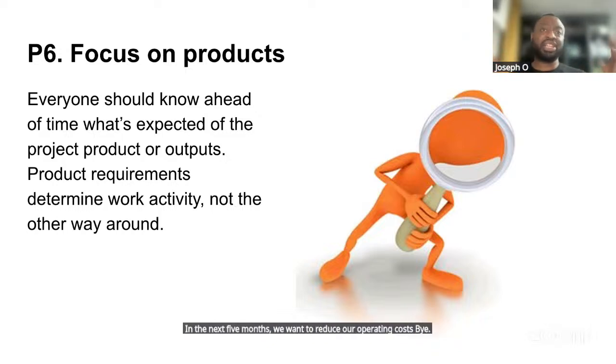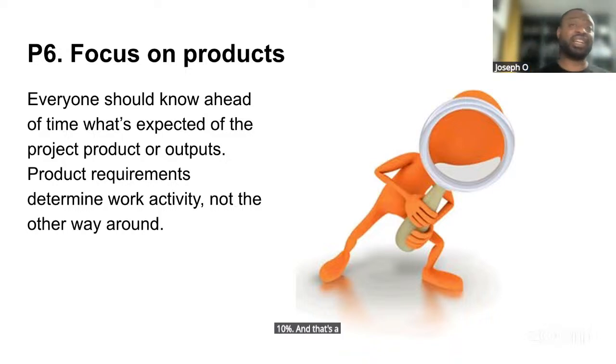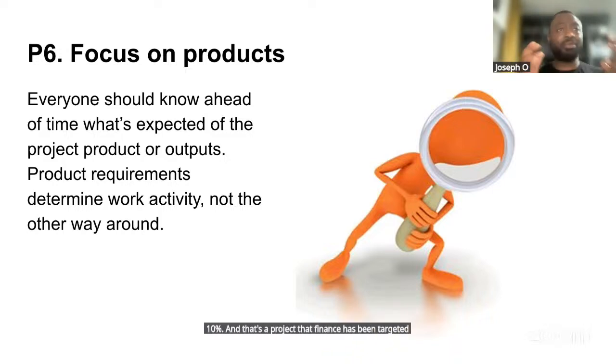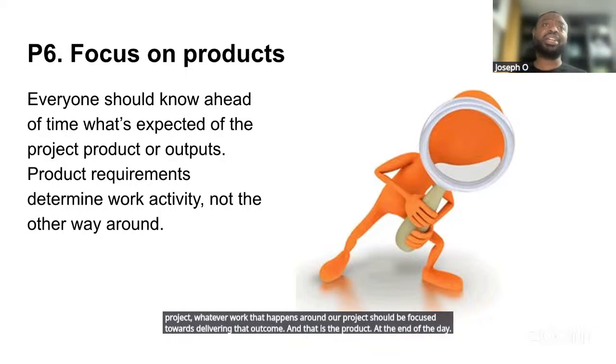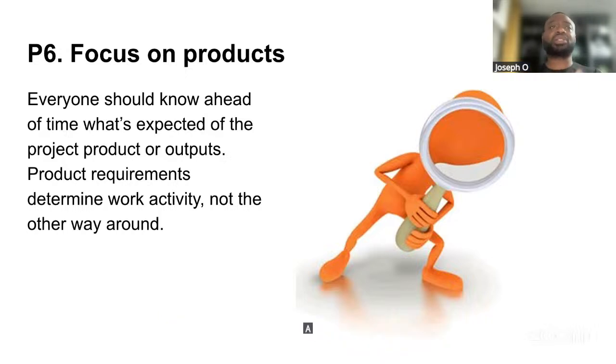And that's a project our finance has been targeted with. And so whatever work happens around that project should be focused towards delivering that outcome. And that is the product. At the end of the day, the product for that project would be a reduction of costs by 10% over the course of 5 months.